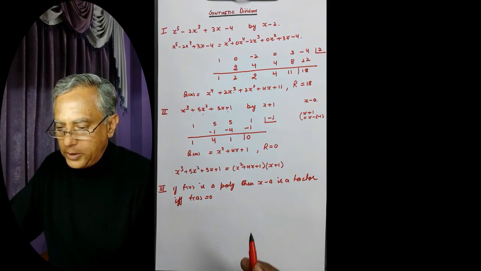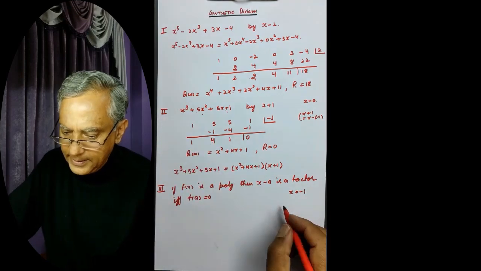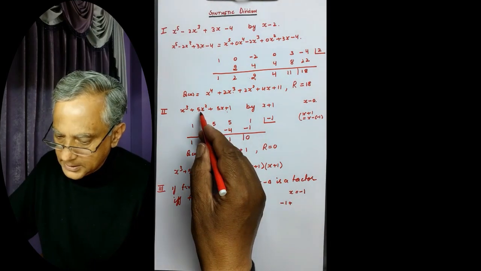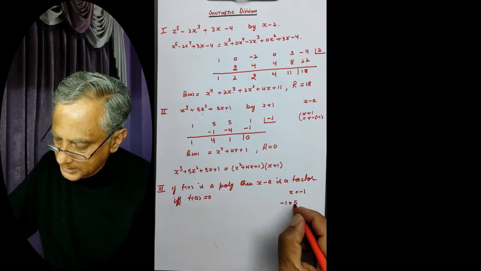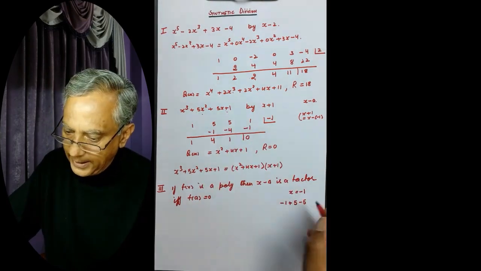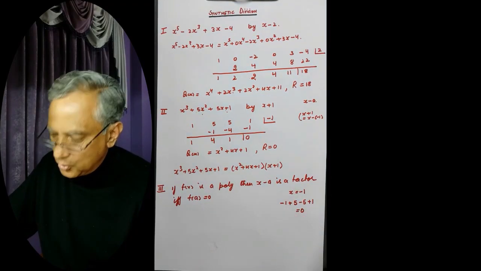So here you put x equal to minus 1 in this polynomial. What we get is minus 1 plus 5 into minus 1 square is 5, 5 into minus 1 is minus 5, and plus 1. So this is equal to 0.